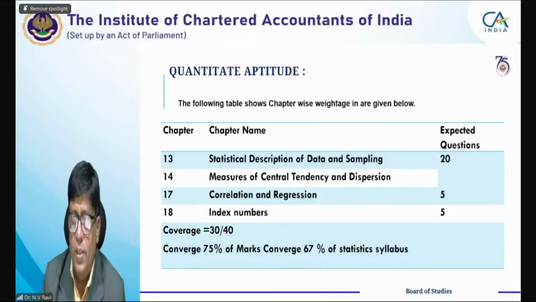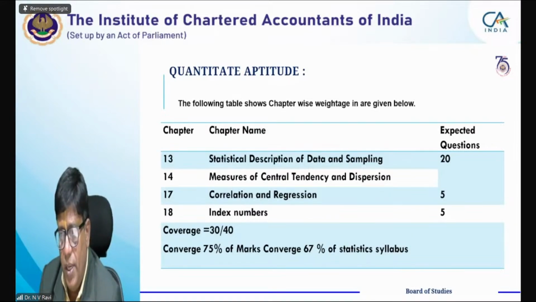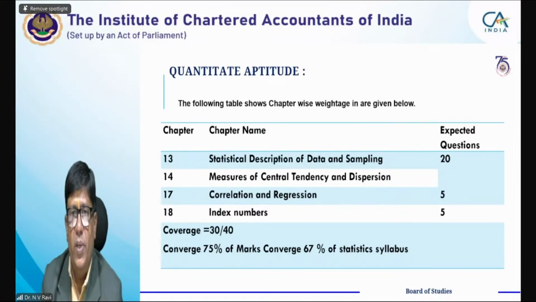Range, quartile deviation, mean deviation, standard deviation are the absolute measures of dispersion. Coefficient of range, coefficient of quartile deviation, coefficient of mean deviation, coefficient of variation are the relative measures of dispersion.